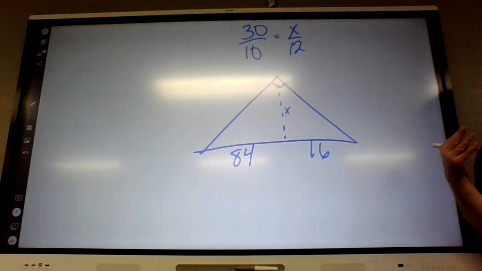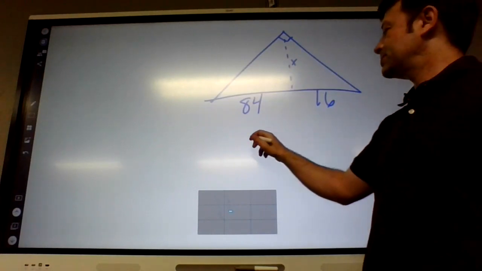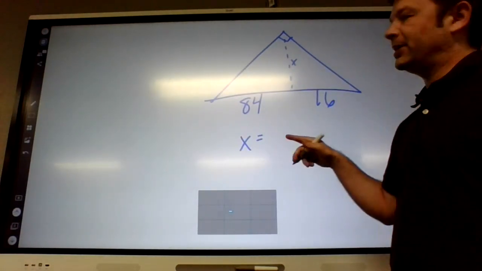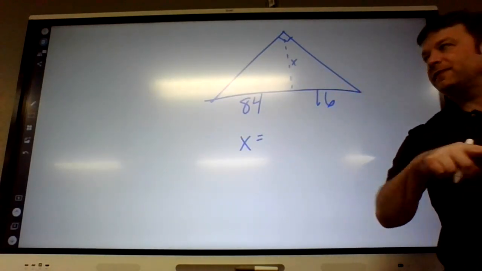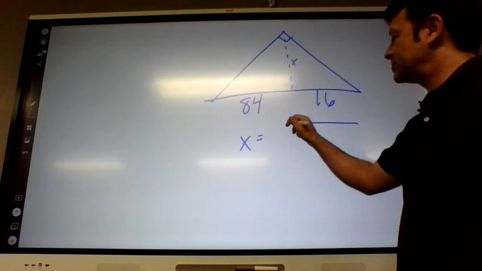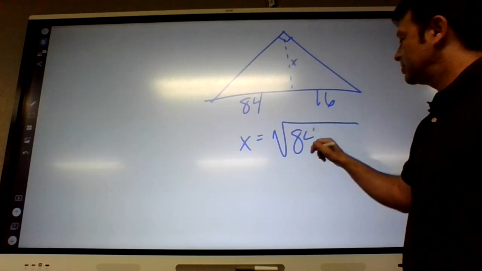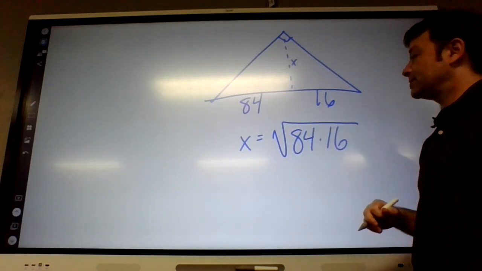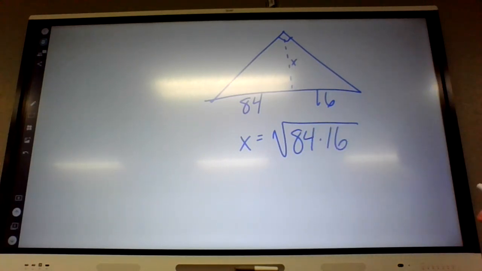Okay, when you have an altitude drawn down from the right angle, x, the altitude is going to be, they call it the geometric mean of these two segments, or basically you just square root 84 times 16. Not hard to do, kind of hard to remember though.